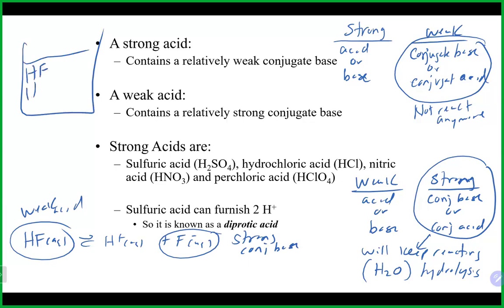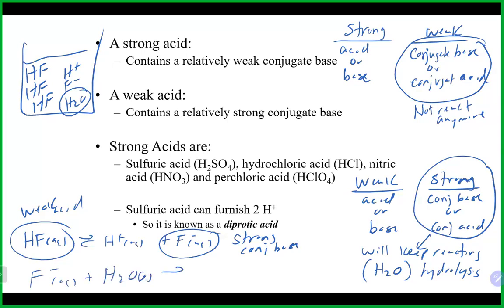There's HF in the solution, there's H plus and F minus. There's also obviously water floating around in an aqueous solution, because that's what an aqueous solution is made up of. What can happen is the F minus can then continue to react with water.